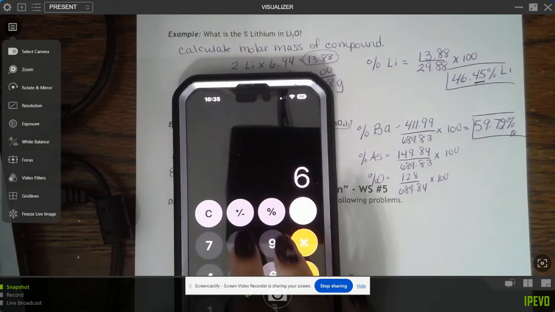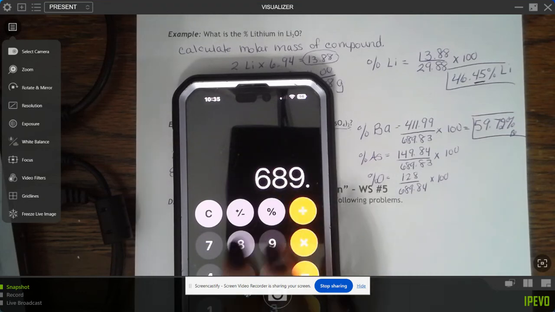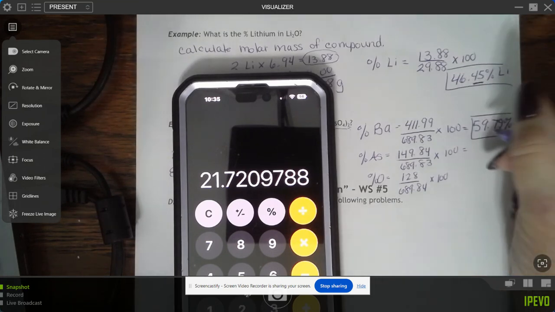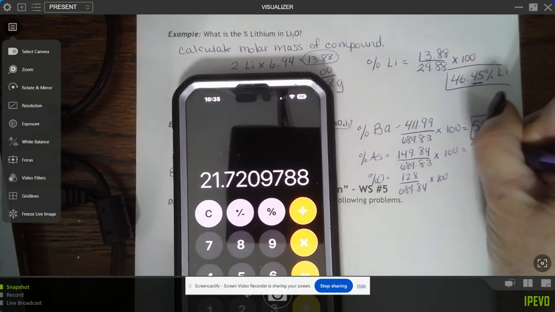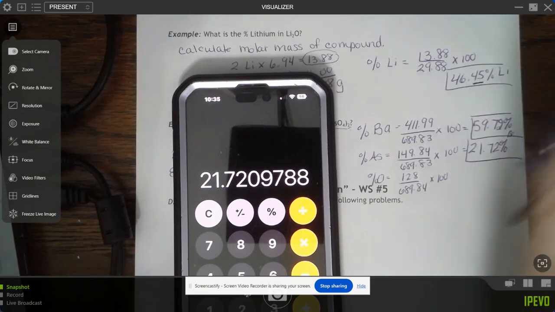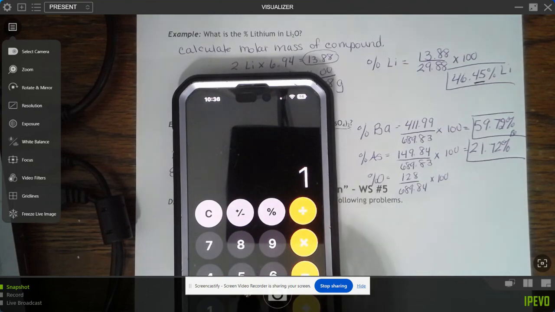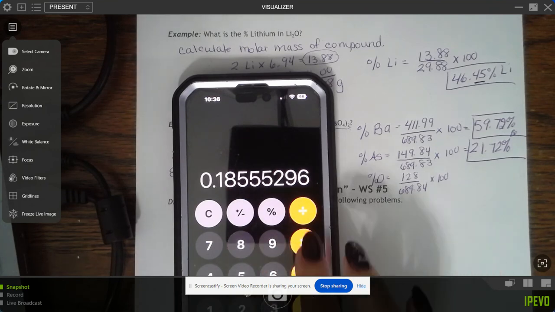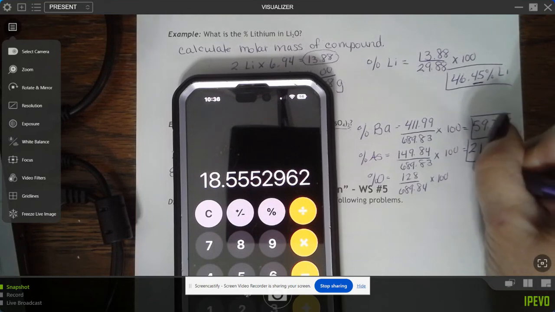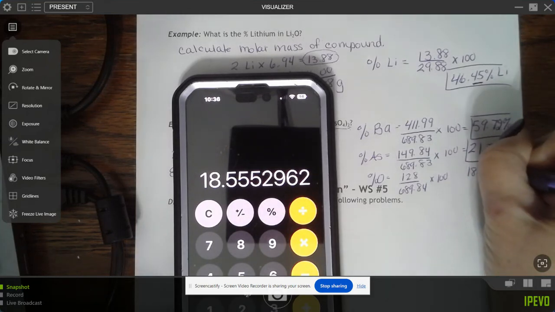Arsenic is 21.72%. And oxygen is 18.56%.